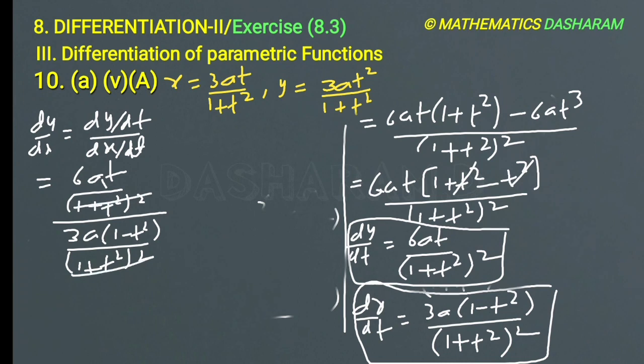Here both cancel, a cancels, 3 1s are 3, 3 2s are 6, then 2t divided by (1 − t²). So this is our required answer.